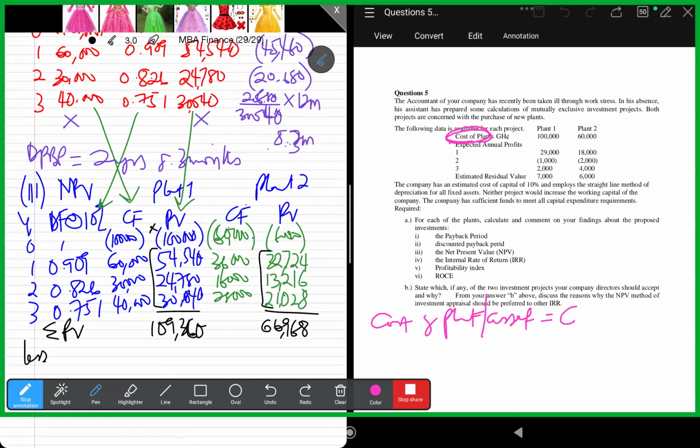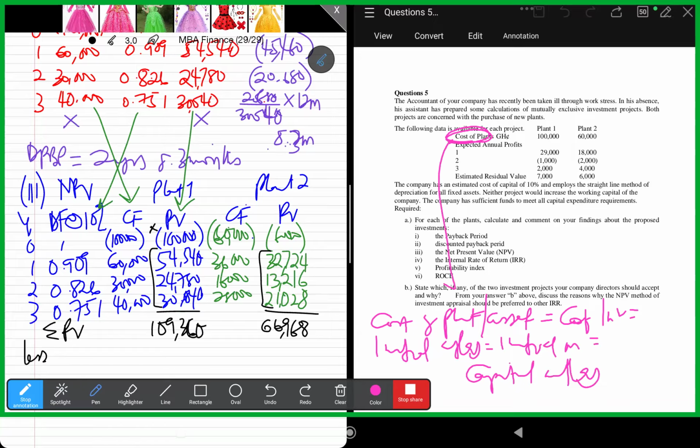We can also say cost of investment, initial outlay, initial investment, or capital outlay. All these words refer to the same thing. They are all synonymous.